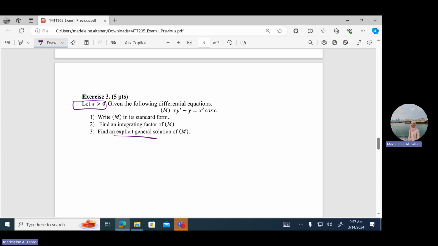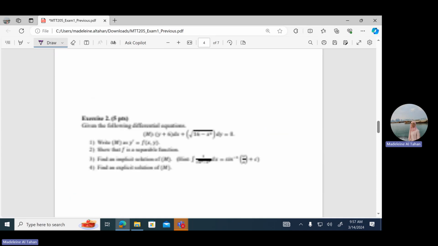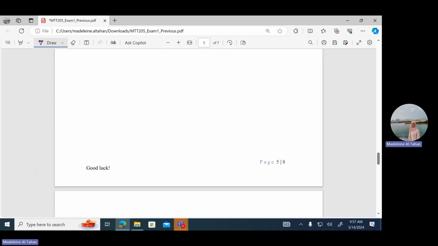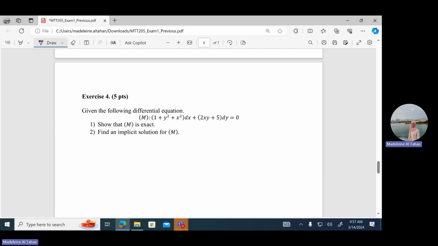If you go back to the first one, I asked also for the explicit in the first one. That one is also solved. Now this one, if you look at it, find an implicit solution. Even if I told you find the general solution, it's okay. You can keep it as implicit. So this one, how do we check the exactness?